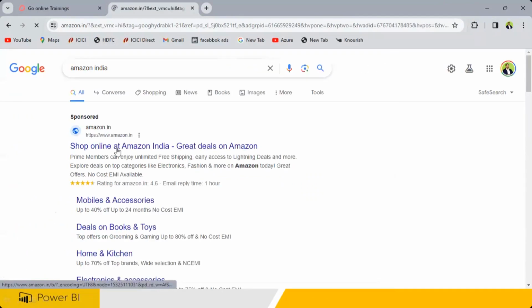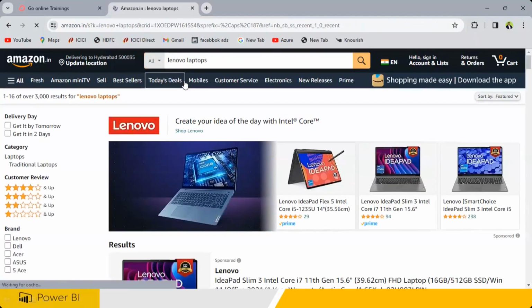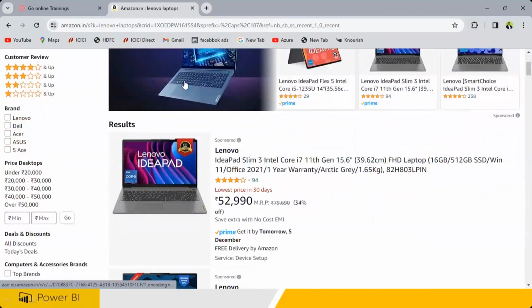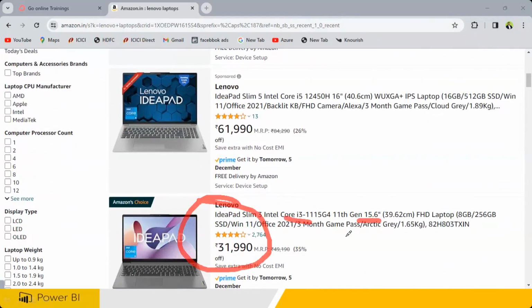So I will go here and search Lenovo laptops, because I'm using Lenovo. I'm preferring it. Don't go for a very costly laptop. 35,000 rupees will give you a beautiful configuration. You need Core i3, 15 inch, and a minimum of 4 GB of RAM, but this one is going to give you 8 GB, 256 GB SSD.